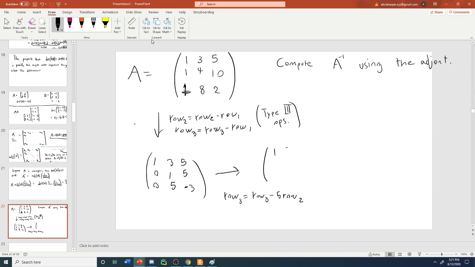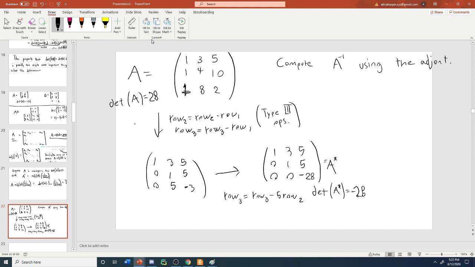If I do that, I'll have 1, 3, 5 for the top row, 0, 1, 5 for the second row, 0, 0 for the third row, and the final entry will be 5 times 5 subtracted from negative 3, so negative 28. And thus we can see that the determinant of this thing is the product of the entries on the diagonal. So if this is A star, the determinant of A star is equal to negative 28, which means the determinant of A is equal to 28.